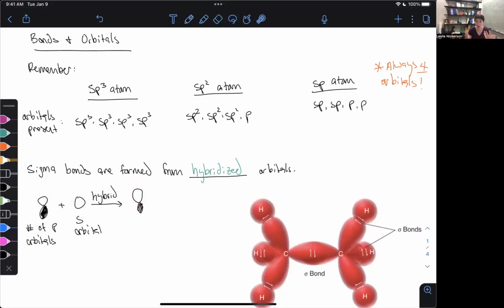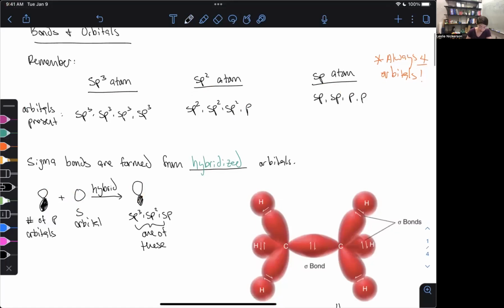That's where the shape comes from, and that's why it's a little bit confusing to tell what's hybridized and what's a p orbital. You're looking for an unevenness in the p orbital shape for those hybridized orbitals. So this could be sp3, it could be sp2, or it could be sp. Not all of these together, it's going to be one of these.